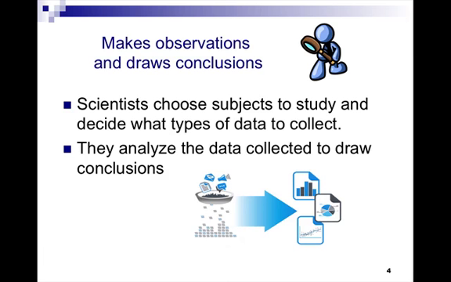You actually use this in your everyday life when you decide what you're going to eat for breakfast, when you decide what you're going to wear to school that particular day. You may observe that it's cold outside, so then you may decide to wear a sweatshirt as opposed to a short sleeve shirt. So that all involves science, even though you don't think that you're actually using science.